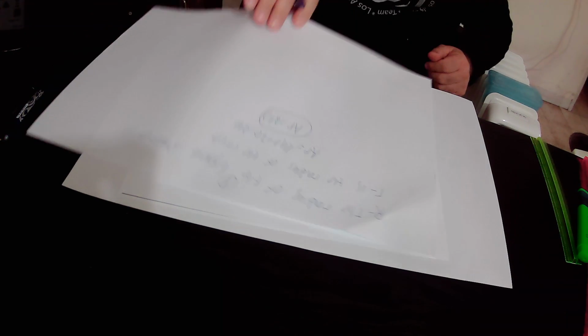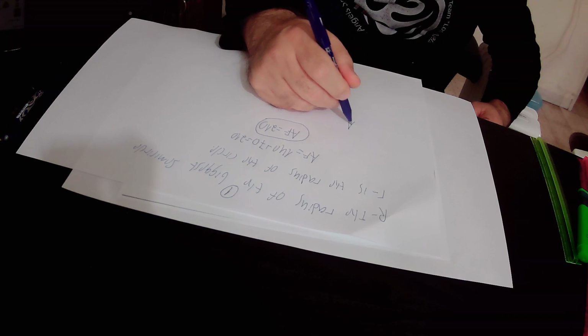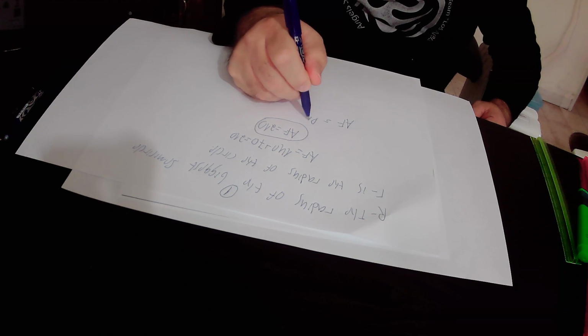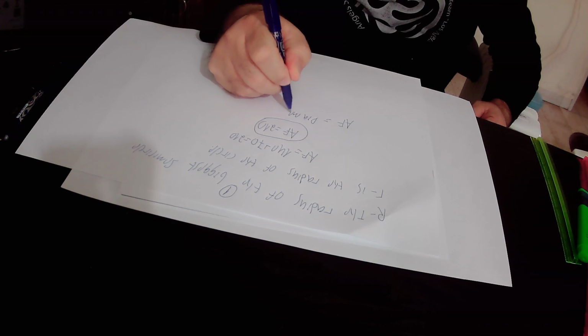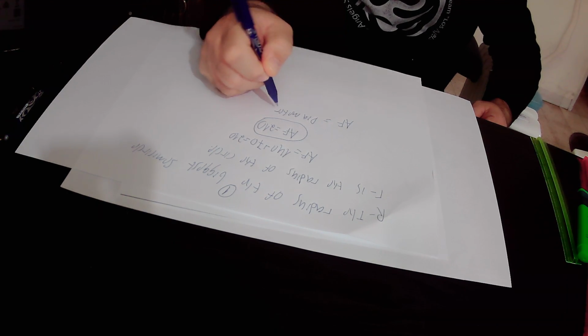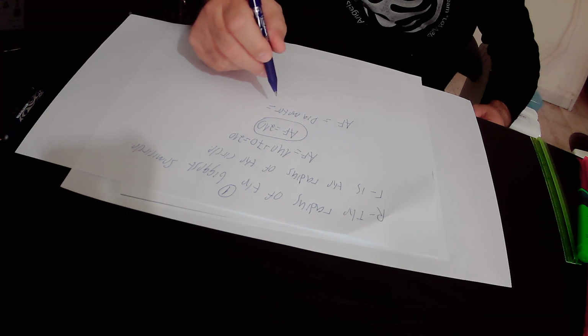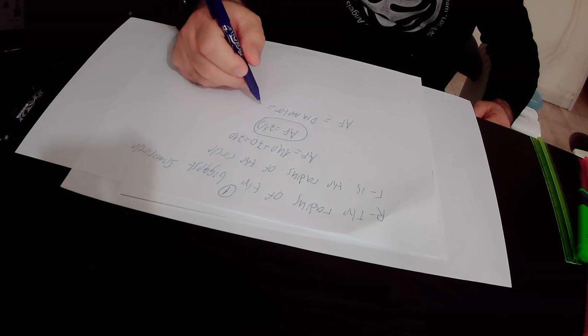So AF is the diameter of the biggest semicircle. Therefore, it is equal to 2 times the radius. The radius of the biggest semicircle is capital R. Therefore, the diameter will be equal to 2 times capital R.